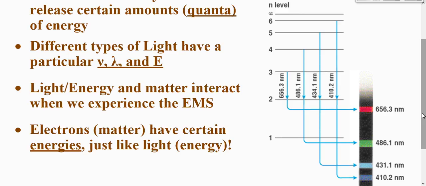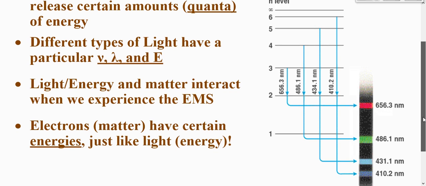That really cool intersection between light and energy and matter, how electrons and light interact. Super cool. And electrons have certain energy just like light. So matter has energy and light has energy, and we can calculate that with numbers, and we can also conceptualize that, which is what this video is trying to get at.